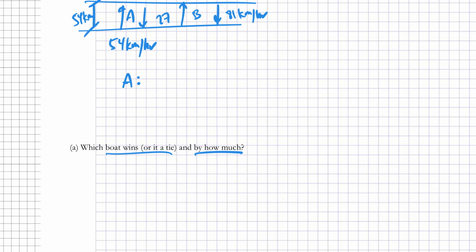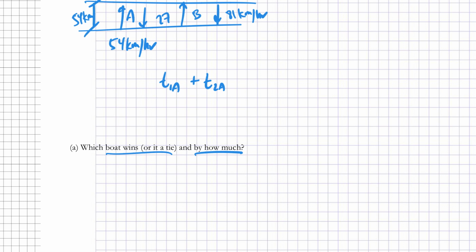Okay, so for boat A, I need to get the time on the way there plus the time on the way back. T for boat A is the time there and the time back.